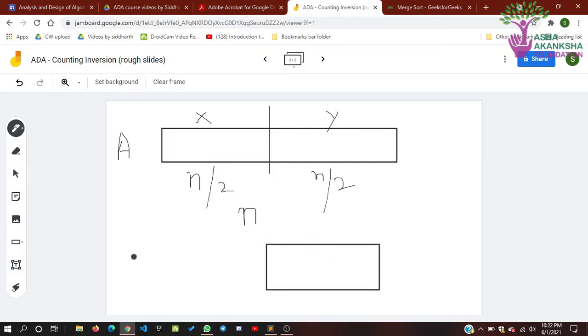We input the array into this function, and it outputs the integer number of inversions in this array. In this black box, we divide the array into these two parts, and to find the left inversions we can just invoke the same function on the x array, and for the right inversions we can do the same on the y array. For the split inversions we have to do something special.